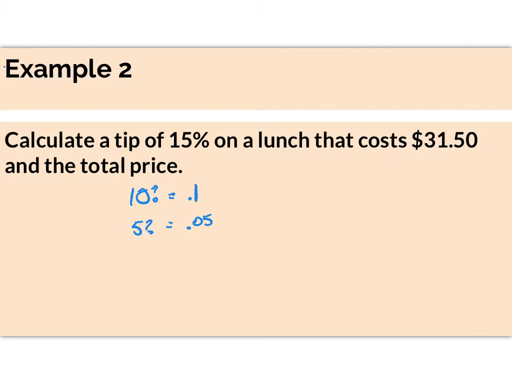We know an identity property of numbers is that any number multiplied by 1 is the same number. So 0.1 times 3150 is 3150, but since this is a decimal point, we have to move it 1 to the left. So 10% of 3150 is 315.